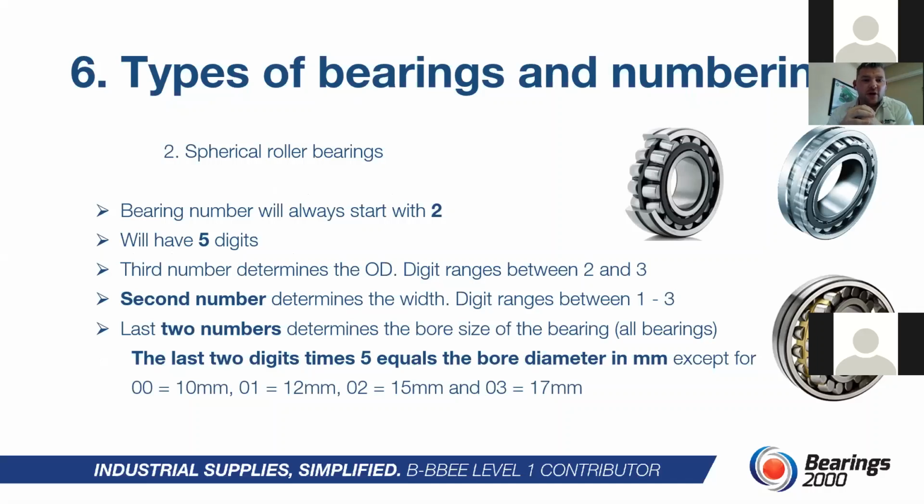Having a look at spherical roller bearings, the bearing number will always start with a 2. It'll have 5 digits. The third number determines the OD. The second number will determine the width. And the last 2 numbers will determine the bore size of the bearing.